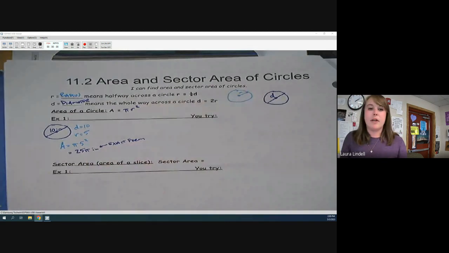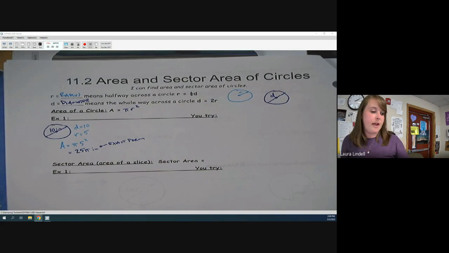So yesterday we talked a little bit about exact form versus a rounded decimal. Sometimes you'll be asked for one or the other. Typically, if you're going to use this measurement to estimate or something, you'll want the rounded decimal just because that's an easier number to actually visualize.